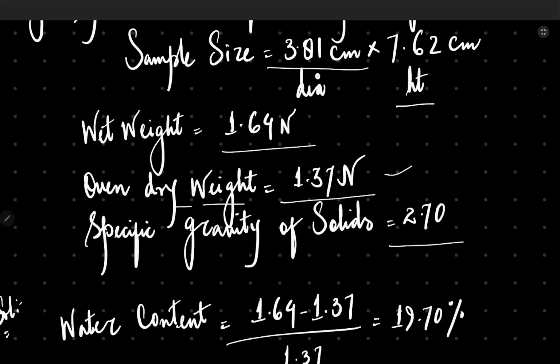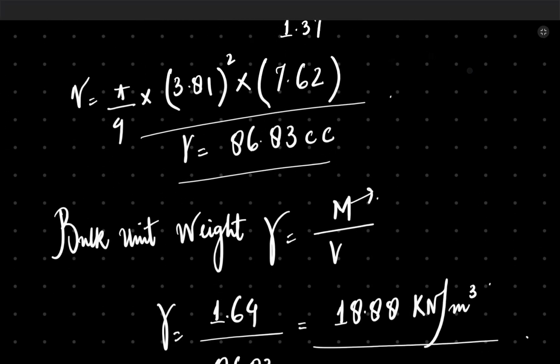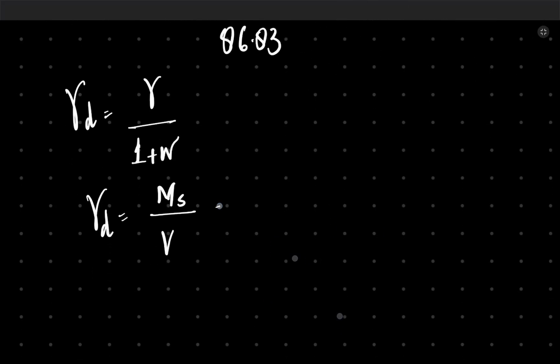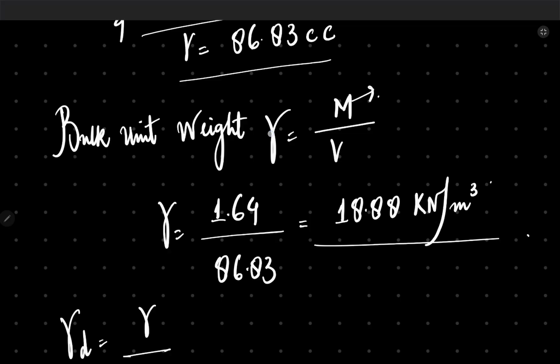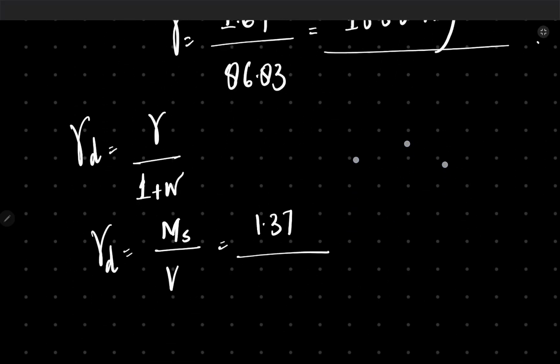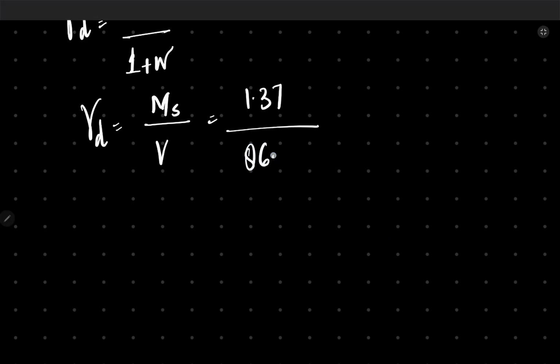Only we're left with the mass of soil solids, that is equal to 1.37 newtons. So it is 1.37. Volume is same, 86.83 cc. Upon calculations, it is 15.77 kilonewton per cubic meter.